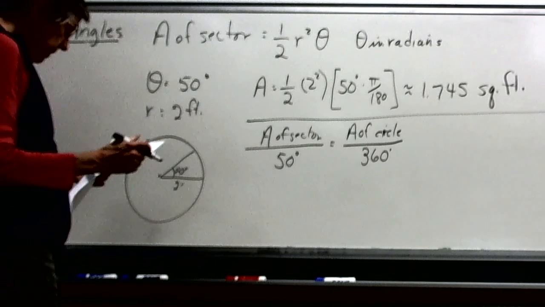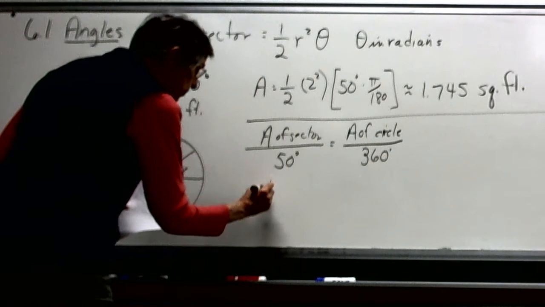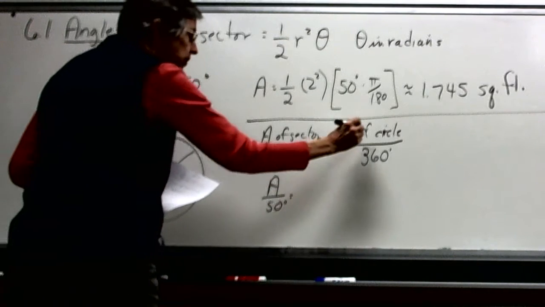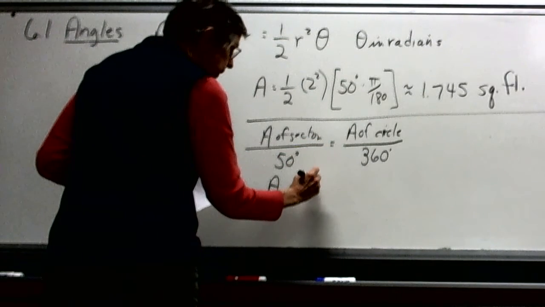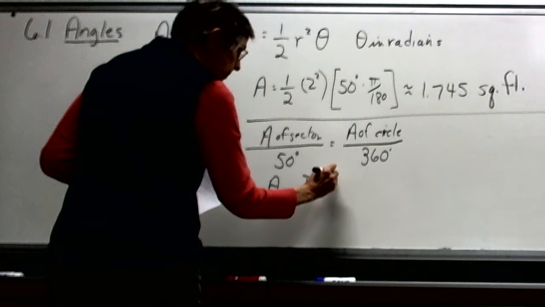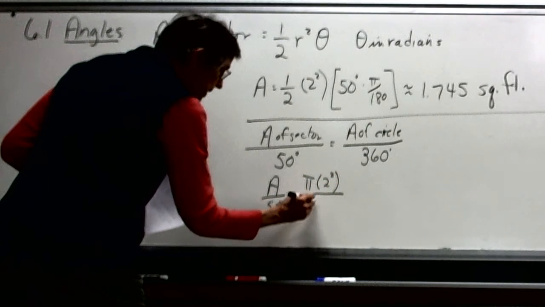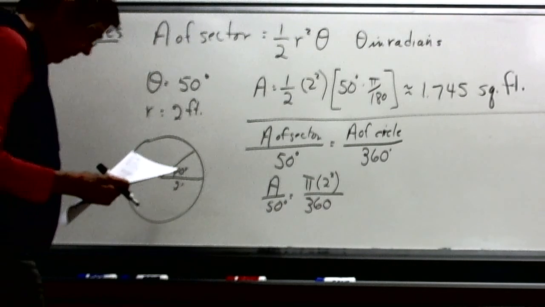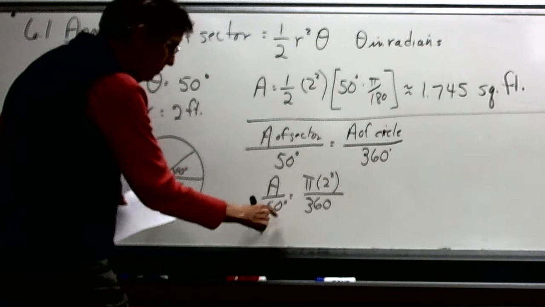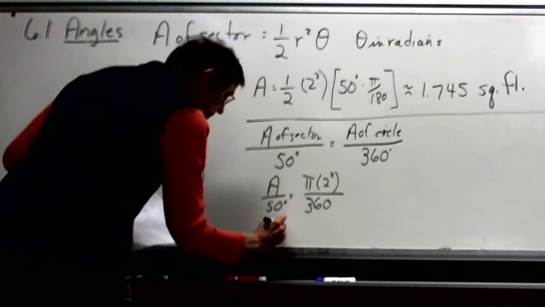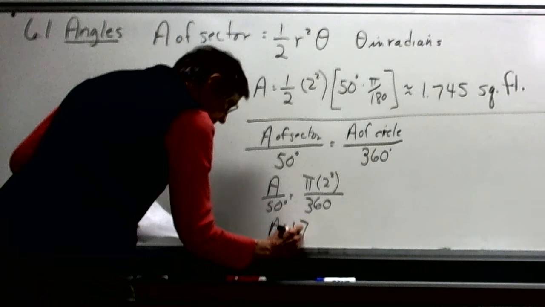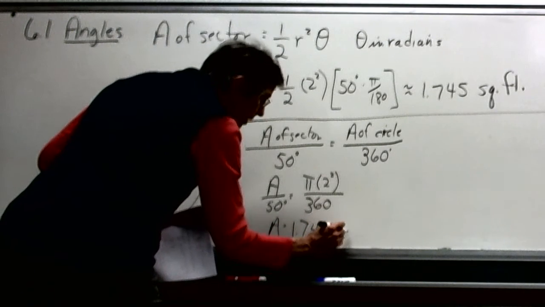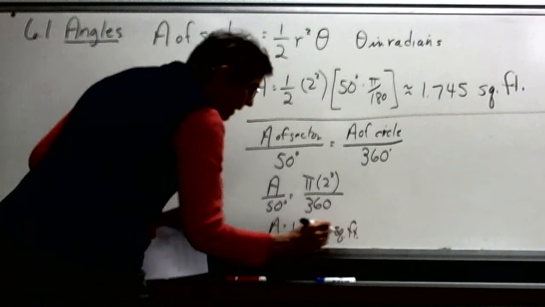So if we put in what we know, the area of a sector is what we're trying to find, is equal to the area of a circle, which is pi r squared, divided by 360, and multiply both sides by 360, by 50, beg your pardon, and you'll get the same result, 1.745, and this is in square feet, once again.